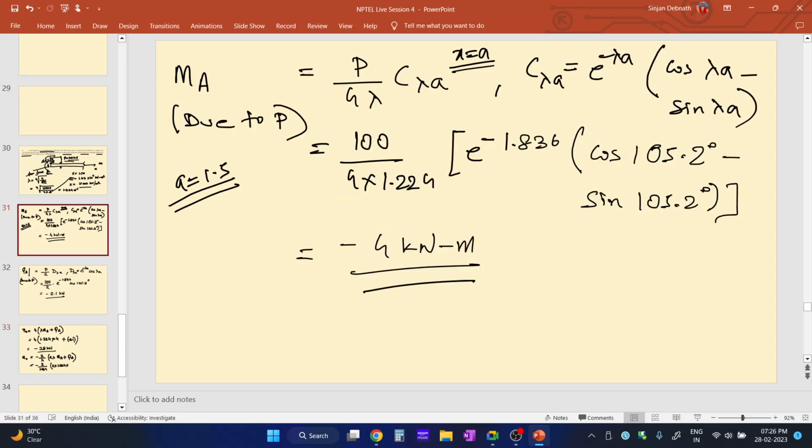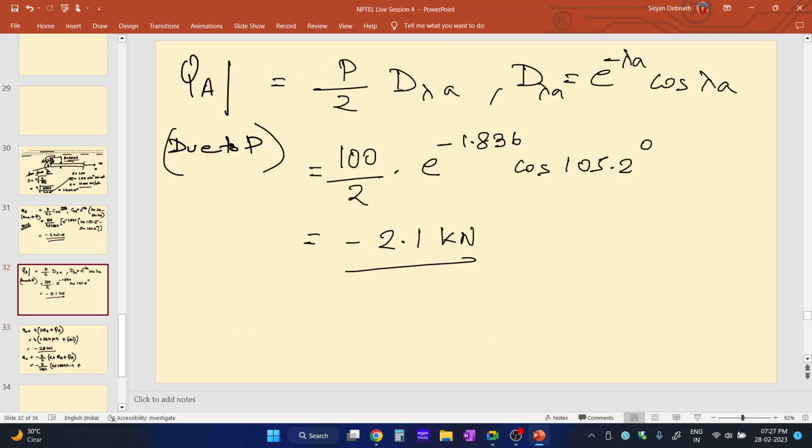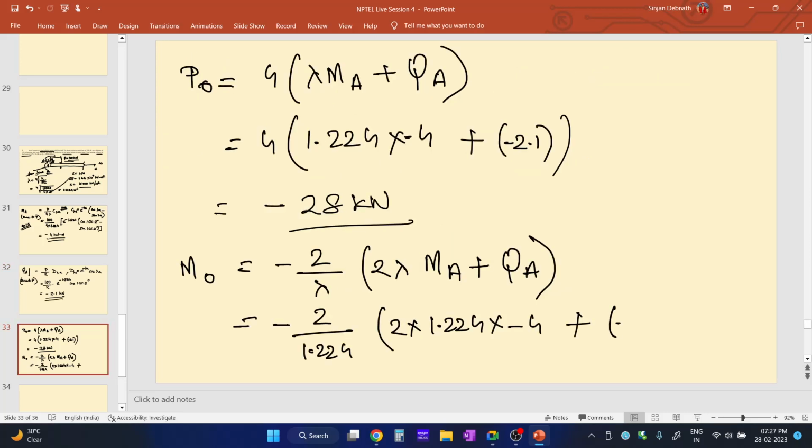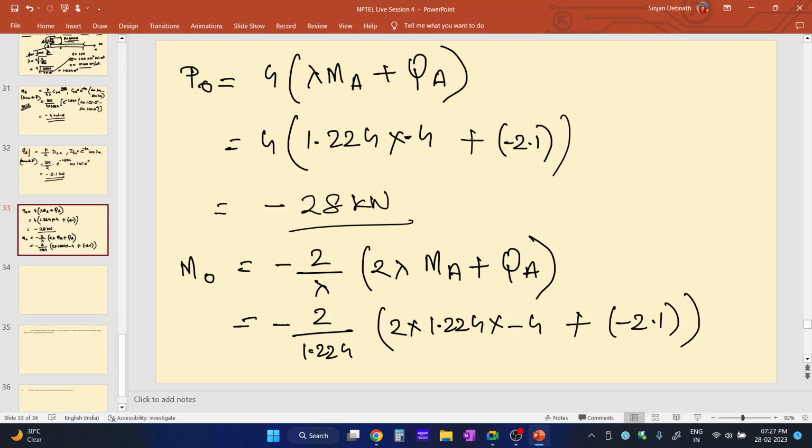So what is MA? MA is the moment due to P, that is minus 4 kilonewton. So minus 4 plus QA. What is QA? QA is this, minus 2.1 kilonewton. Okay. So if you solve this, you will get the value of M0, that is the end conditioning moment.